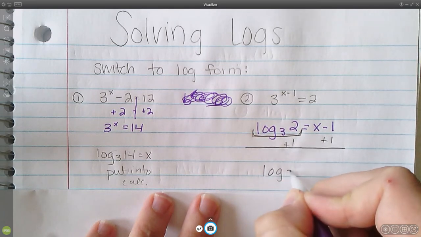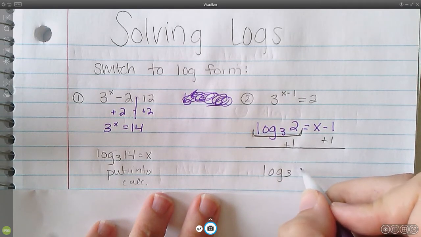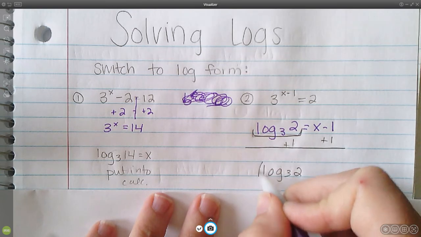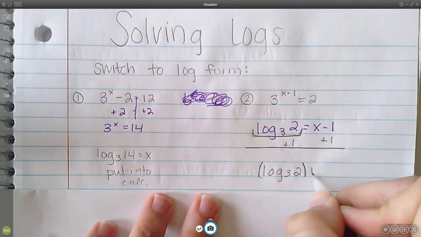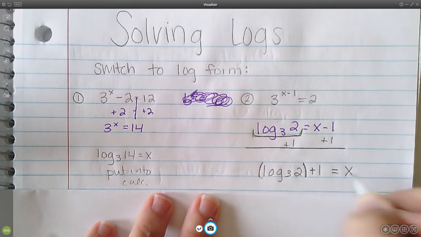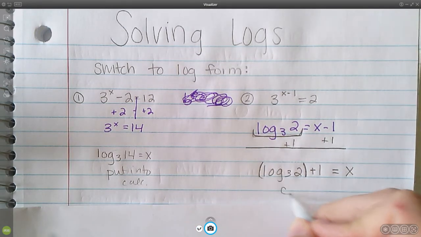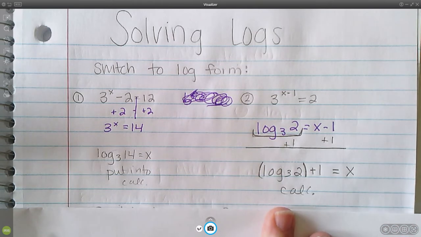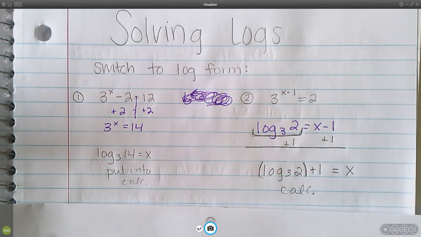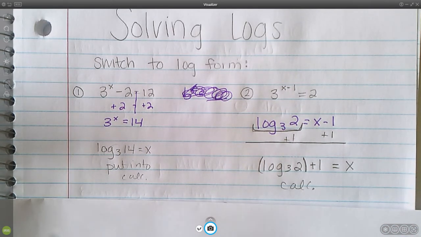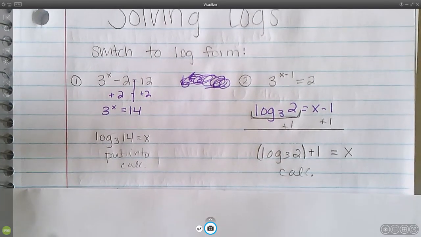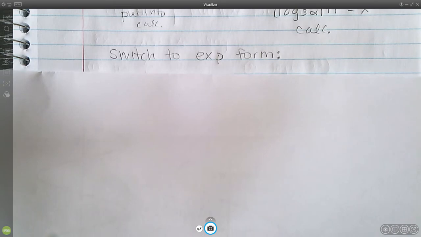So put all of this into a calculator, and then plus 1 equals x. On Monday, Mr. Stemper should have showed you a calculator to use. That was our first way to solve.